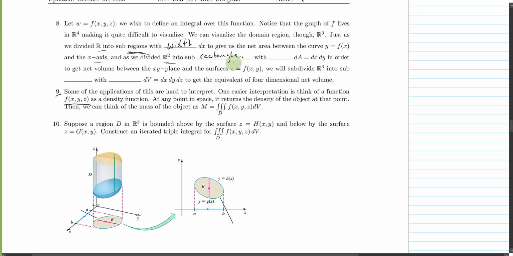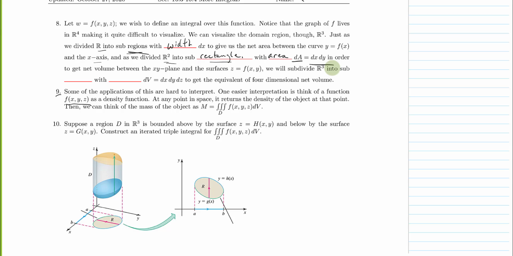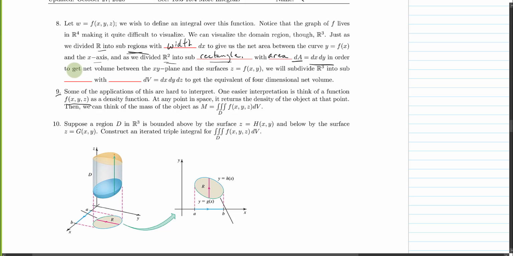In R2, we divide into sub-rectangles, each with an area, dA, given by dx times dy. So here's how we ratchet it up to the next level, and you can continue doing this as long as you want, as long as you get an interpretation for yourself for thinking of it. That gave us the volume between a 3-dimensional surface and the xy plane.